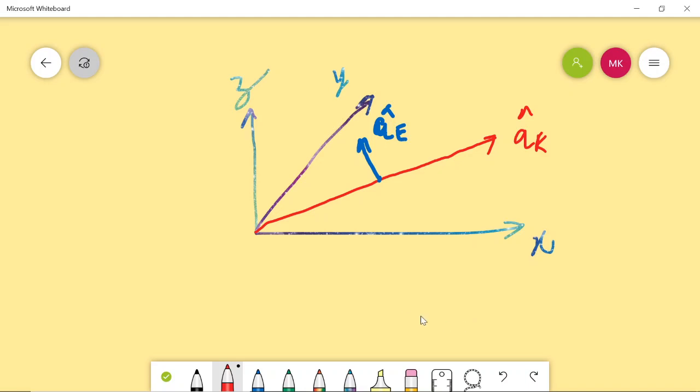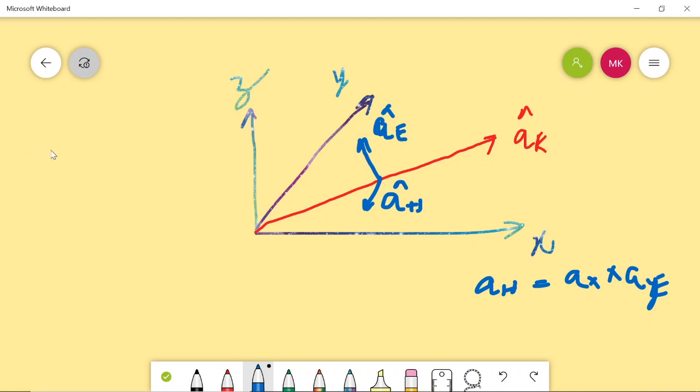As we found in this case, a_H equals a_x cross a_E. In that case it was a_y, so we got a_z, and instead we have a_E. So we have taken the cross product of the direction of propagation with the direction of the electric field. The same case applies here. Now we have a_H, which will be perpendicular to both, and this will be the a_H direction.